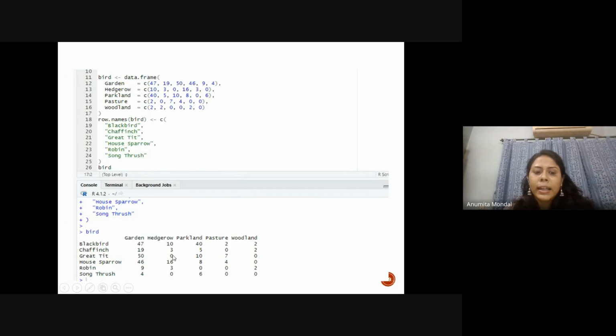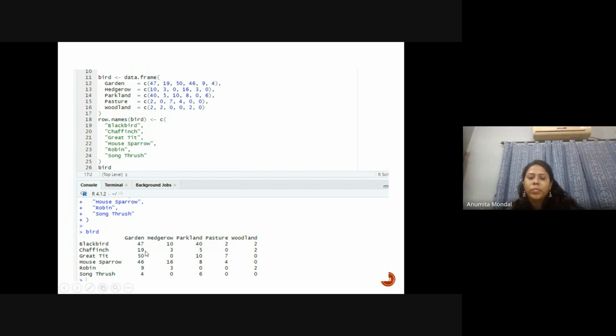We can see the data is given in this form, where in the garden, this is the column. In this column the bird names are given, and the bird count and where it was taken from is also given.